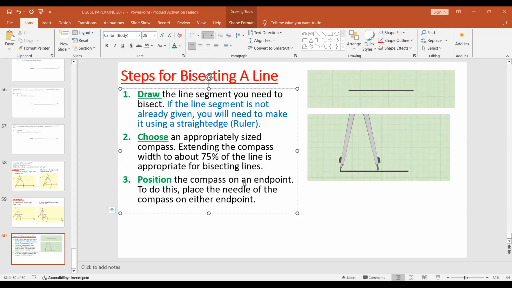All right, and Samantha, can you read the third one? Yes, sir. Position the compass on an endpoint. To do this, place the needle of the compass on either endpoint.